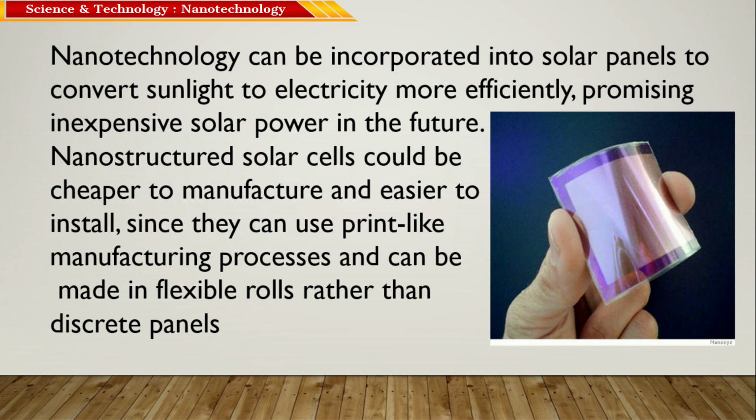Now we are seeing a film, which shows that nanotechnology can be incorporated into solar panels to convert sunlight to electricity more efficiently, promising inexpensive solar power in the future. Nanostructured solar cells should be cheaper to manufacture and easier to install, since they can use printing-like manufacturing processes and can be made in flexible rolls rather than discrete panels.